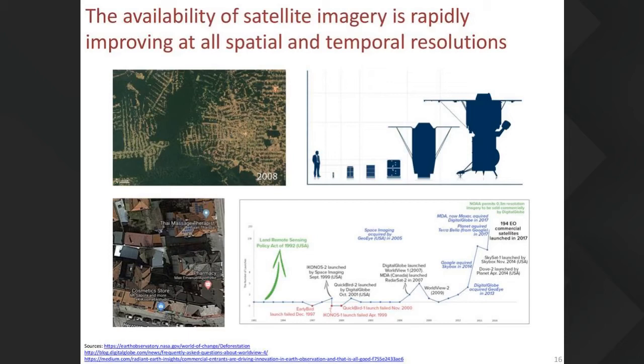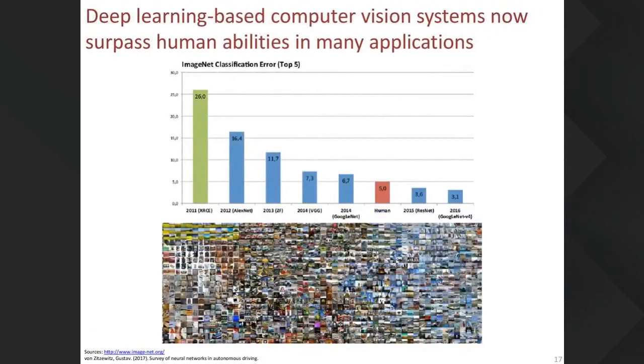This chart essentially shows that in recent years, there's been an explosion of commercial satellite launches for this purpose. At the same time, machine learning models have gotten better and better, especially those with regards to computer vision.